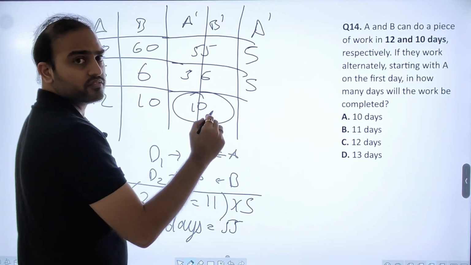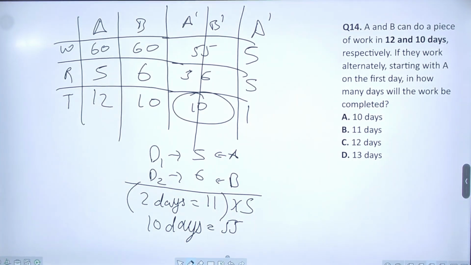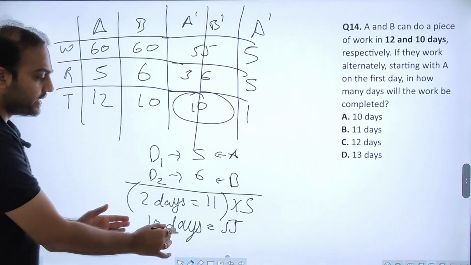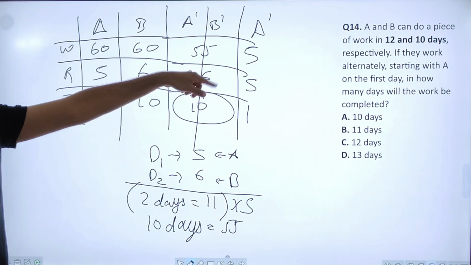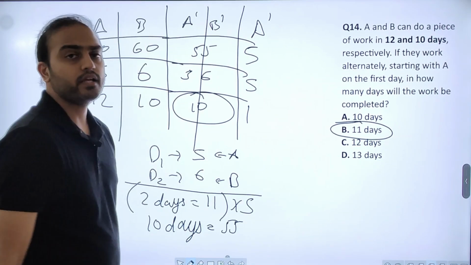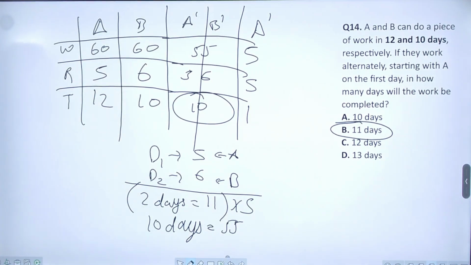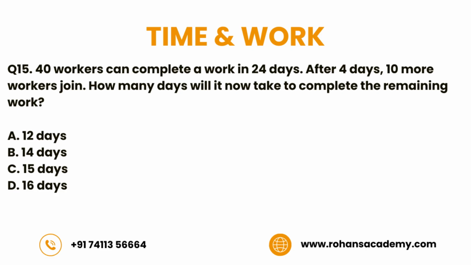The rate of A is 5, so he will finish those chocolates in 1 day. So in 10 days, 55 were gone, and on the 11th day, A came and finished the rest. So working alternately, they finish the chocolates in 11 days.